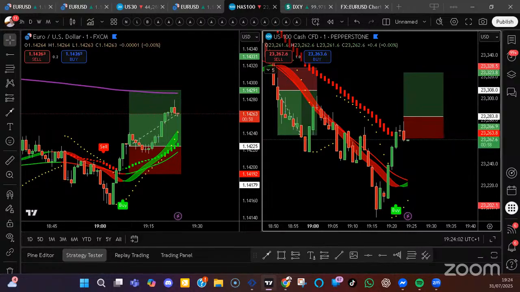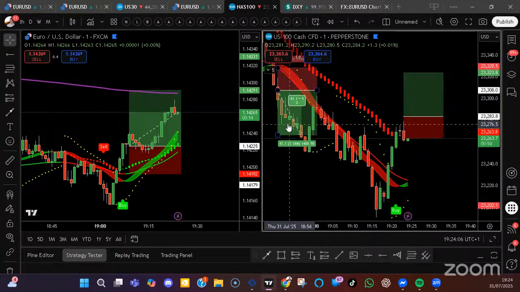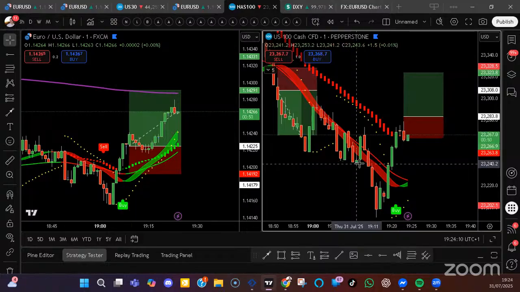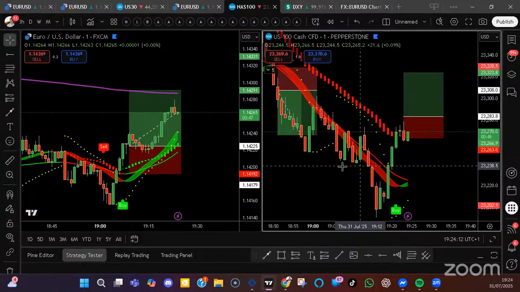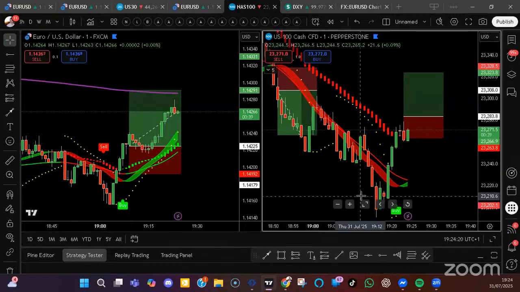He was on the US 100. So he got down to here and then decided to take it out. Presumably saw a green candle. Oh, that's good enough for me. Bit opportunist.